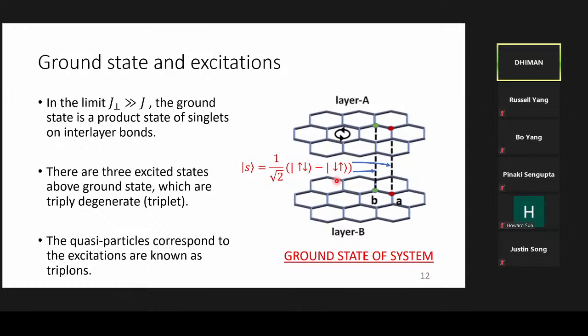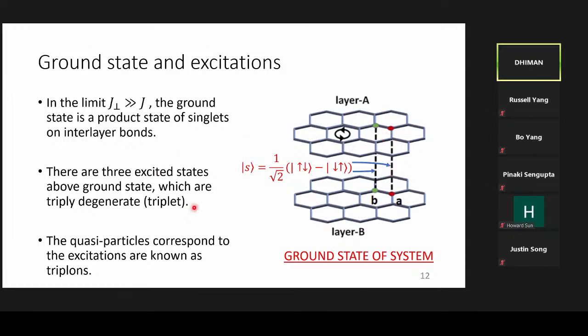So what is the ground state of this Hamiltonian? We are considering a limit where J perpendicular, the Heisenberg interaction on the interlayer bond, is very high compared with the intralayer Heisenberg interaction. In this case, we have a ground state which is a product state of singlets, and the singlets are on these interlayer bonds.